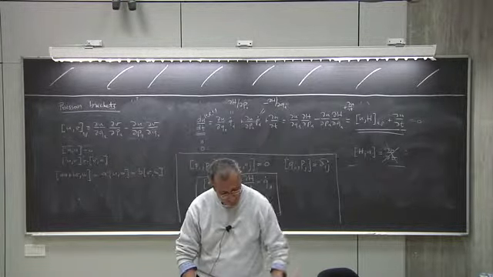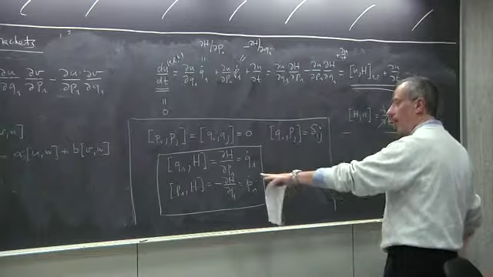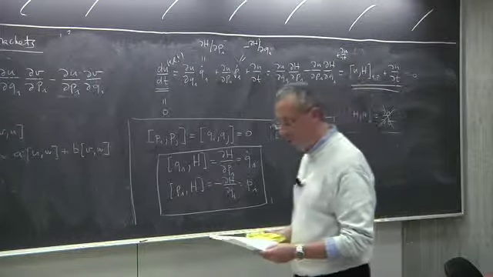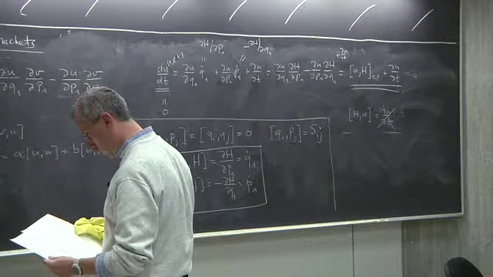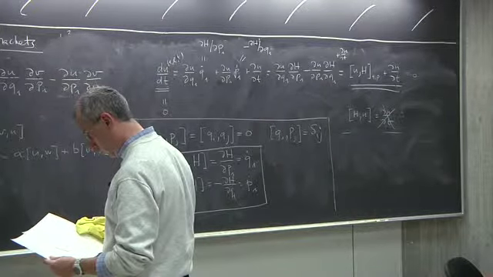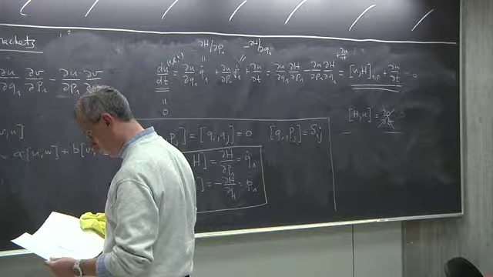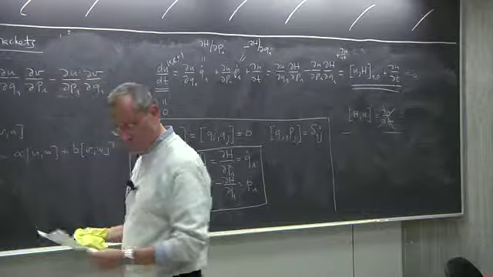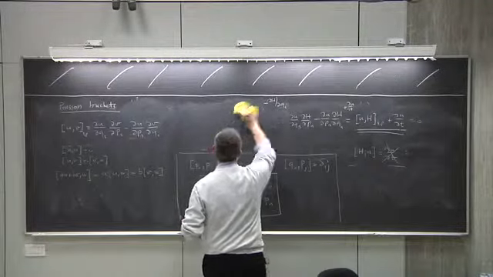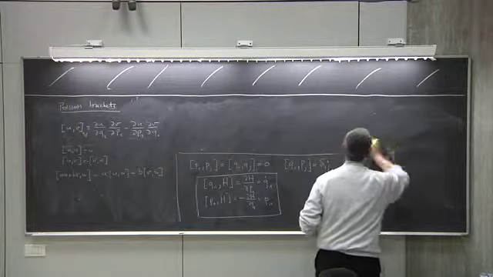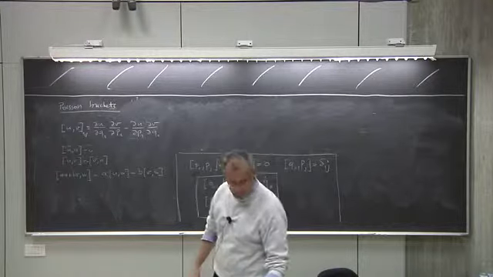So let me give you, then we stop. Now I wrote this stuff with the Poisson bracket. So if I now give you a canonical transformation, for instance, let me give you this.